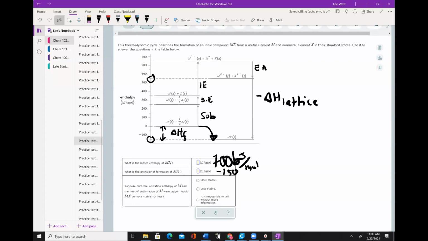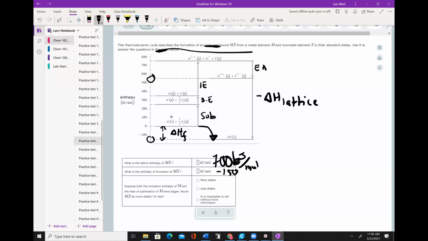So what we've got to think about is, if I made the ionization energy and the sublimation bigger, everything on this side would get bumped up, right? So this top line here would be higher up.